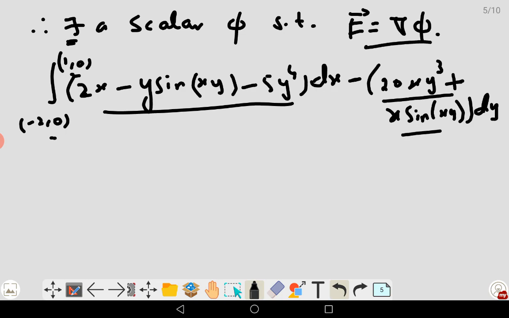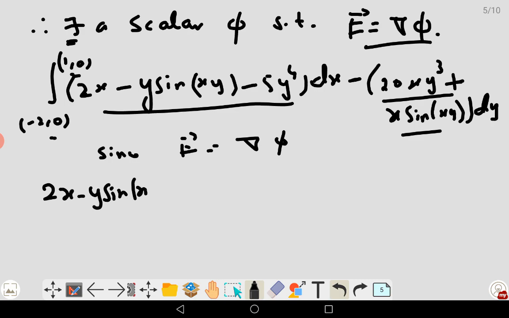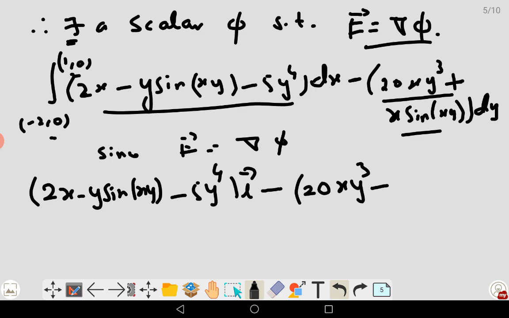And we know the F vector is del phi. What is del phi? The F vector on the left side is 2x minus y sin xy minus 5y raised to 4 i vector, minus 20xy cubed plus x sin xy j vector.